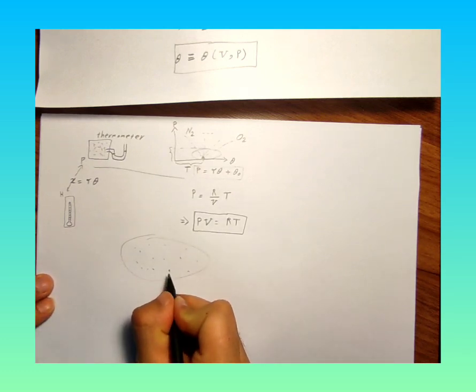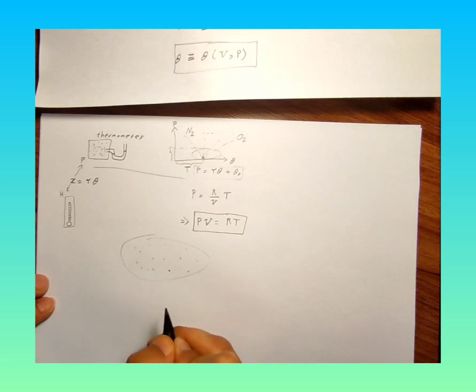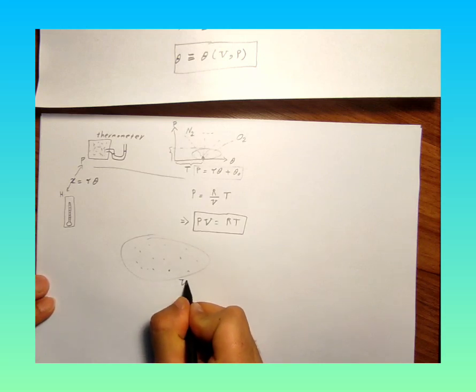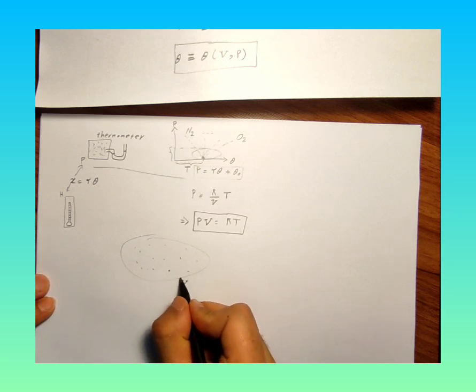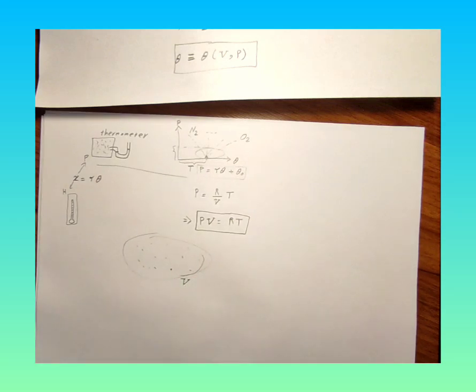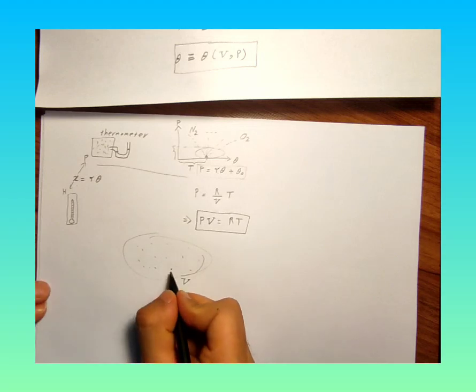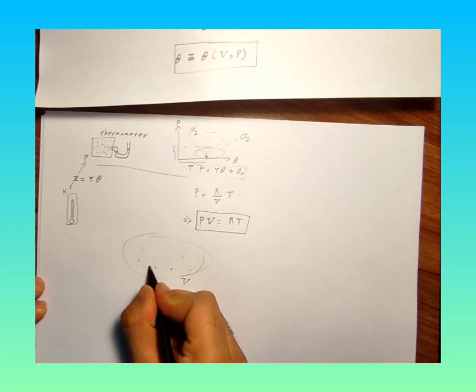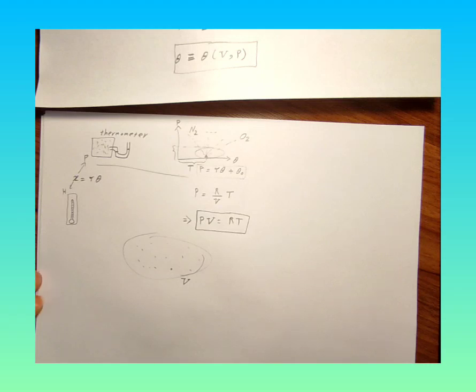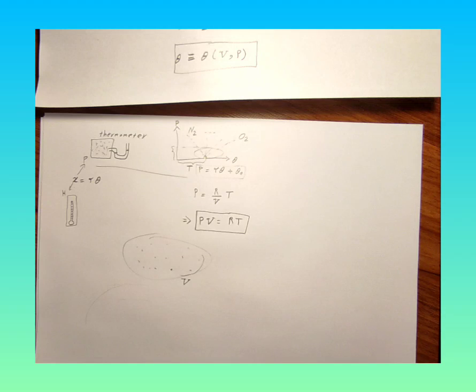Actually, the particles are points. And when we say volume of the gas, the ideal gas, we mean the whole volume, and we don't remove the volume of particles. Okay, so memorize these two properties of the ideal gas, and we have now the relation of ideal gas, and this is a very good progress with us.